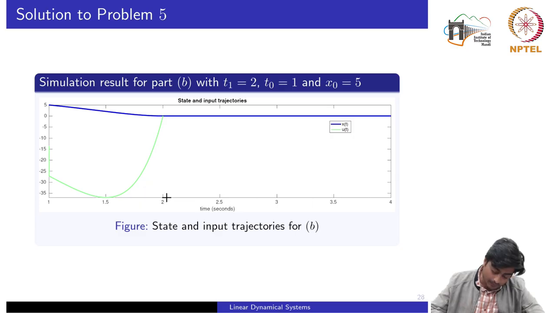We need to ensure that starting from t0 the state should reach 0 by time t1, and afterwards it should stay at 0. Supplying the same control input that we had computed, you would notice that the desired objectives have been achieved.